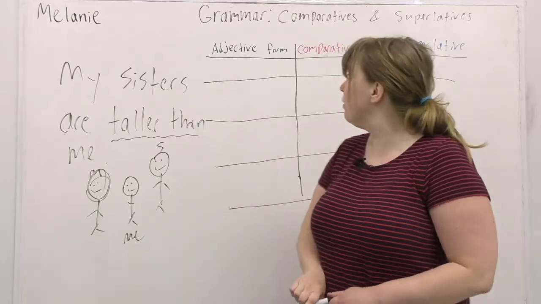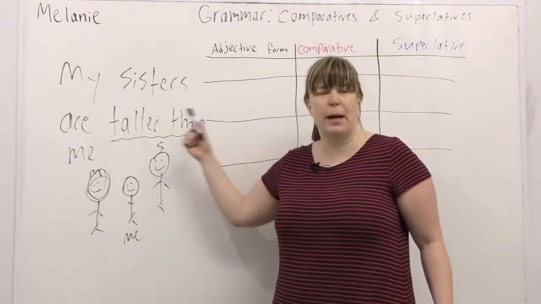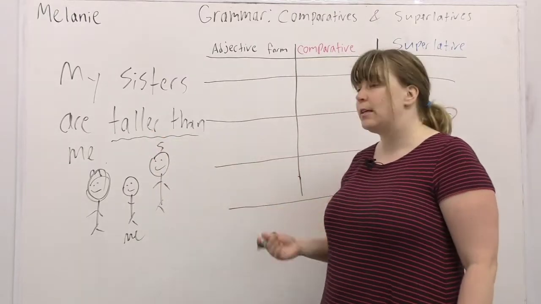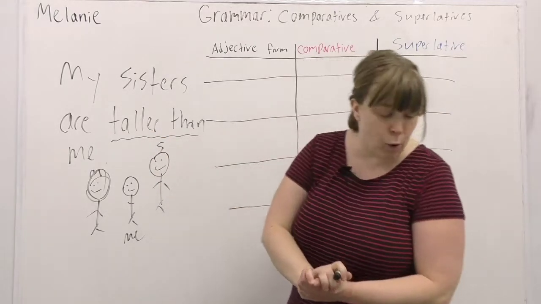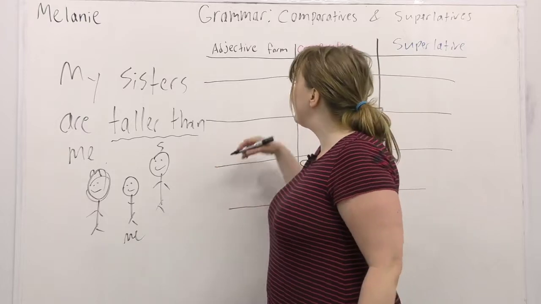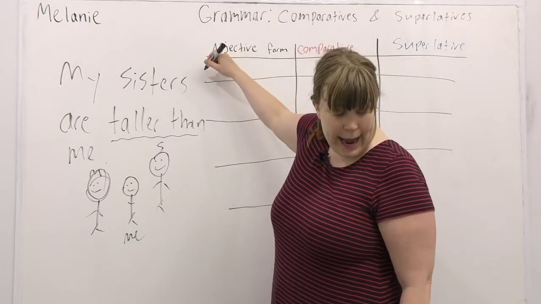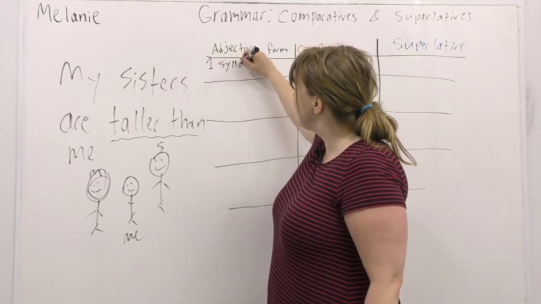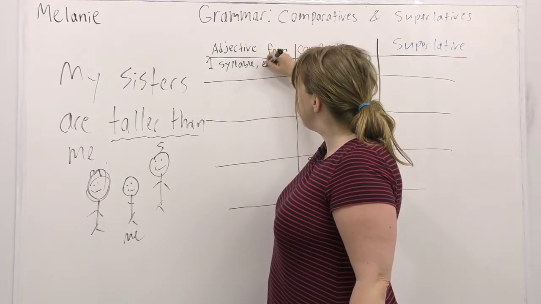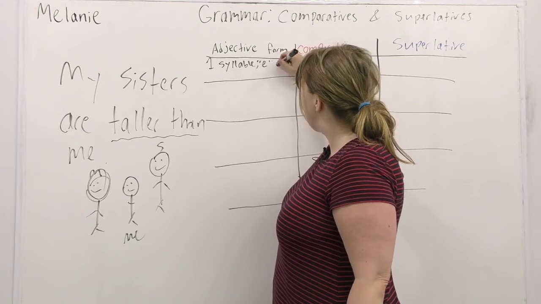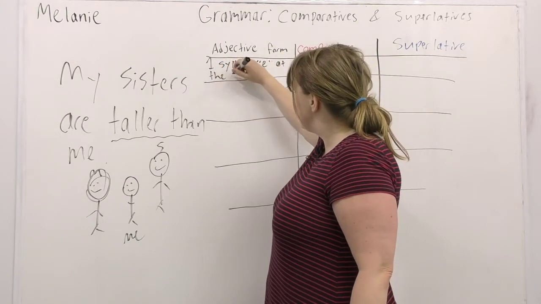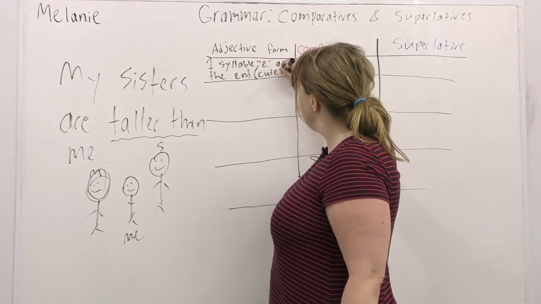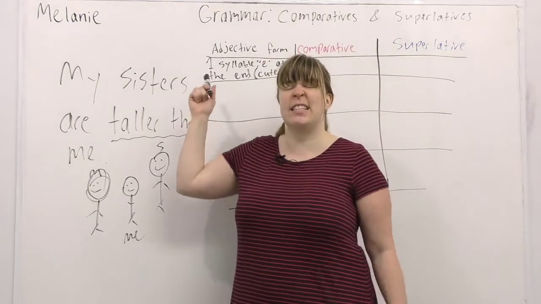All right, so first off, when we want to do a comparative, usually we need an adjective. So the adjective I'm going to use is an adjective that has one syllable and E at the end. So my example is cute. So what's a syllable?